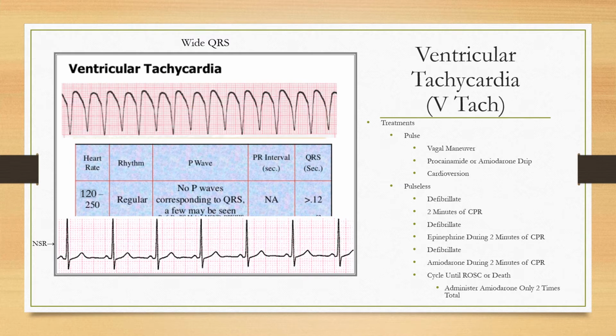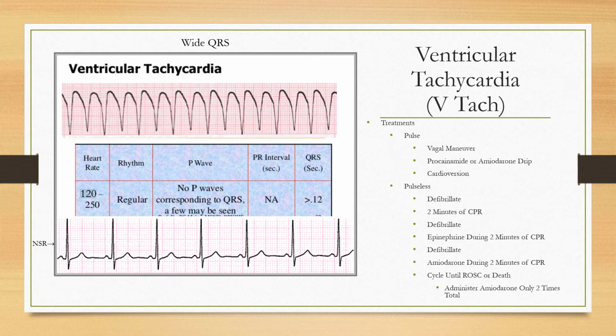Okay, pulseless VTAC. So we see VTAC on the monitor, they're pulseless. Well, that's going to mean they don't have a blood pressure either, which is going to mean they're unconscious typically, right? So we treat this like there's no cardiac output. So we're going to immediately defibrillate, okay?